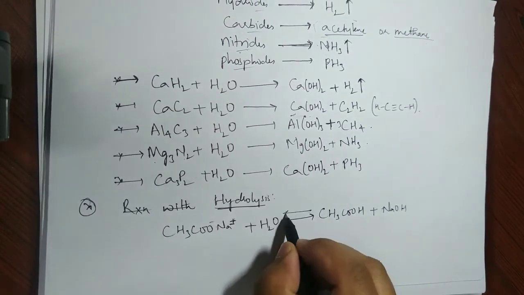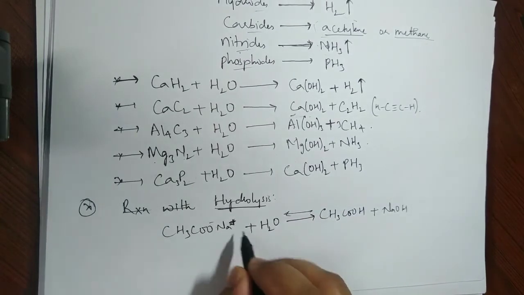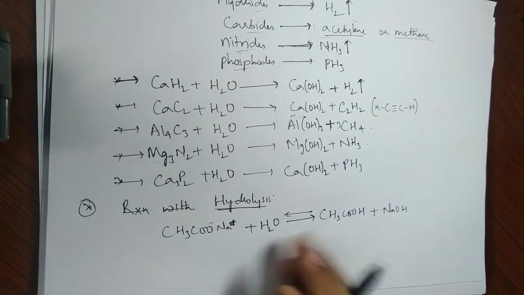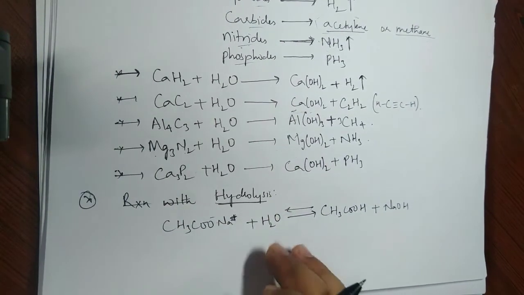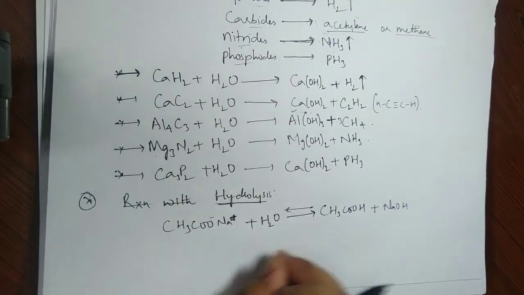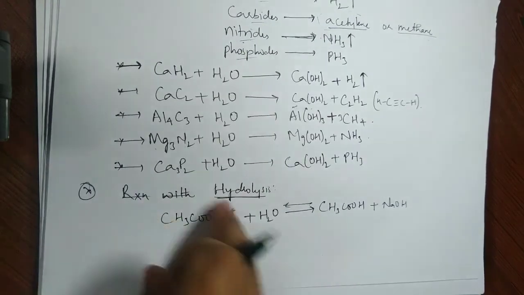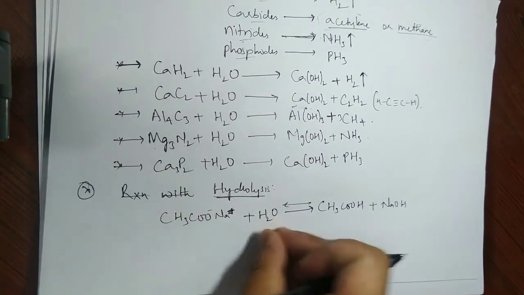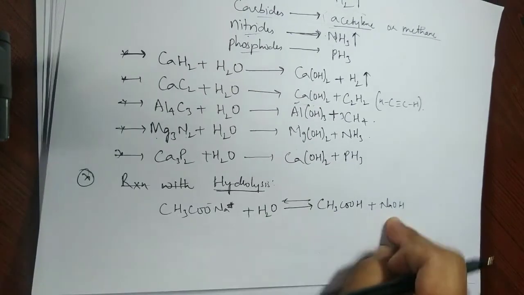In fact this is a reversible reaction and it happens on both sides, in dynamic equilibrium. Out of these two, this is relatively more stable. Sodium acetate, when reacted with water, will form acetic acid and sodium hydroxide.